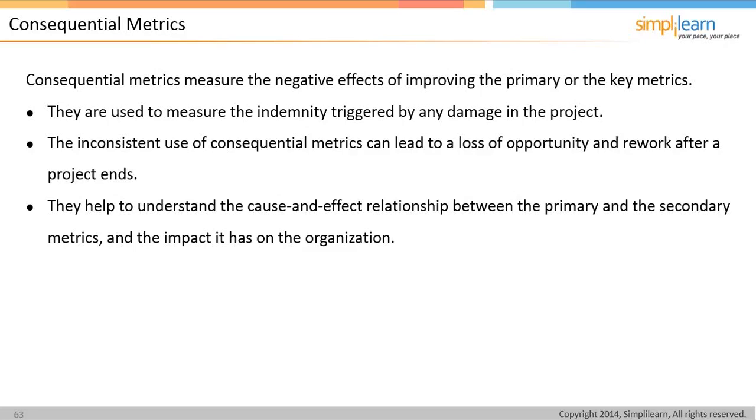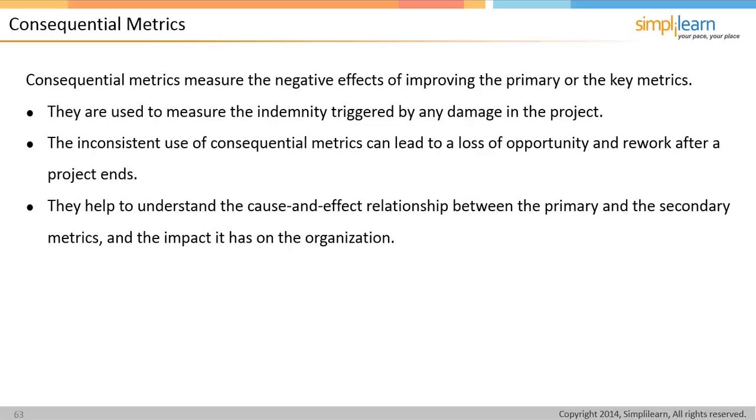Consequential metrics measure the negative effects of improving the primary or key metrics. Sometimes, maybe, all we have to do is say no to anybody that pays over 30 days, and lo and behold, our receivables improve, our days to pay improve, but we've also cut our sales in half.